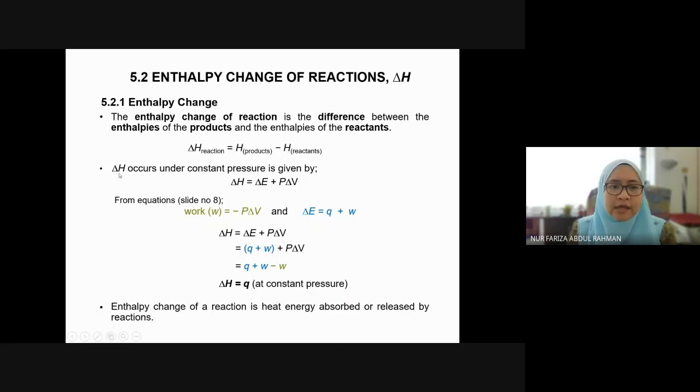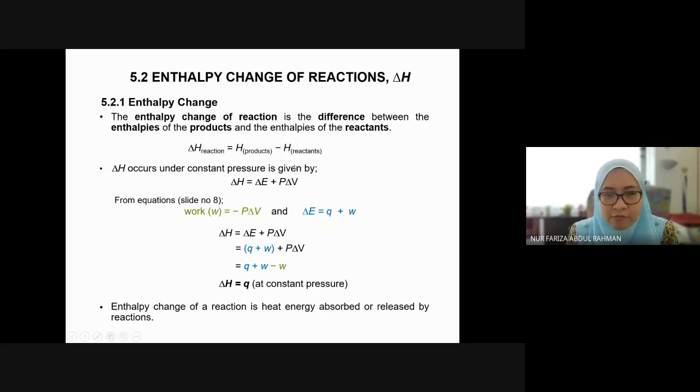And we also have the relationship to explain the delta H at constant pressure. The change of enthalpy is equal to the change in E, the internal energy, plus P multiplied with the change in volume.